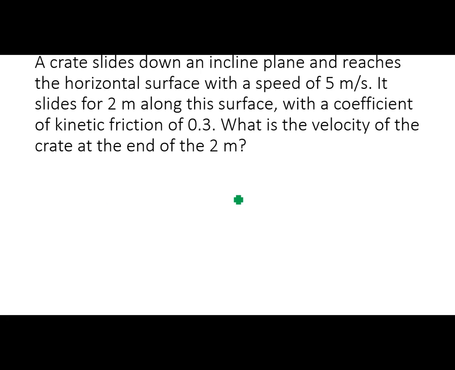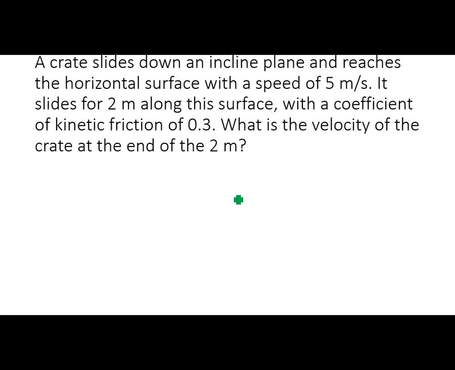Okay, now this one, we have an object that is going from zero velocity to a final velocity, and slides down an inclined plane, reaches a horizontal surface. Well, okay, you know what? We already know in this case, this is a lot like the previous problem, isn't it?